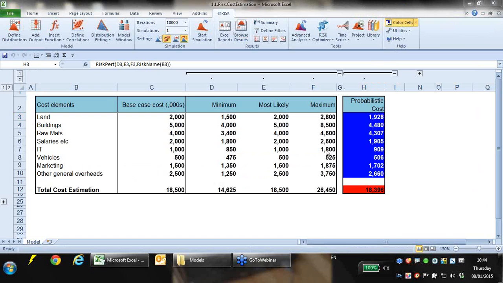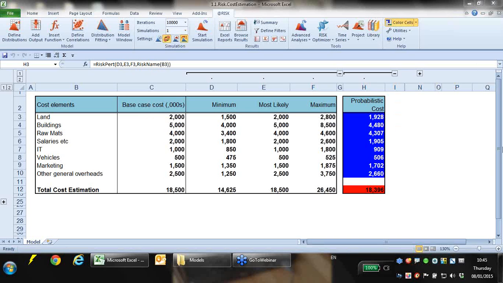Someone's asking how Palisade tools compare to companies like BWise and Thomson Reuters. Well, BWise I think is a fully fledged risk management system. What's really important to understand about @RISK is that in its most simplistic form, if you buy it off the shelf, you get a piece of software which gives you some extra functions in Excel.